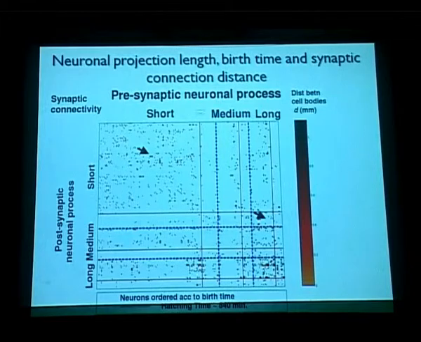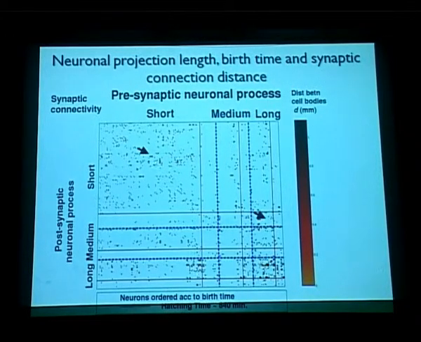Then we have divided each of these squares into the birth time. So this is the lowest birth time, this is the highest birth time. Further, it has been divided into before hatching versus after hatching, and each of these cells basically represents the neuron cell distance, the physical distance between the cell bodies.